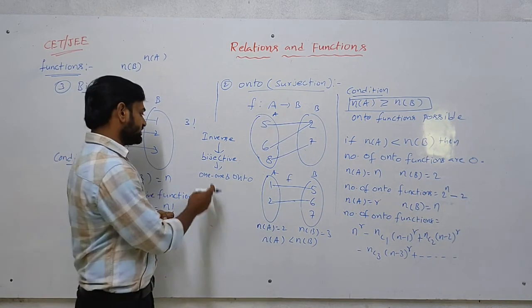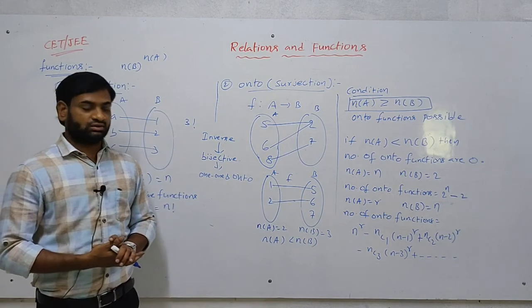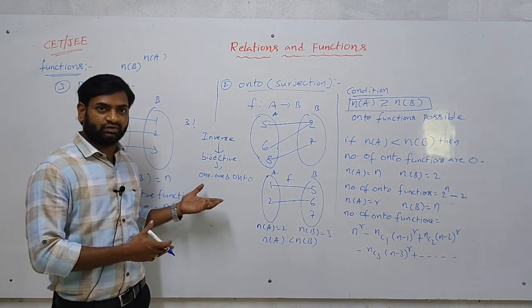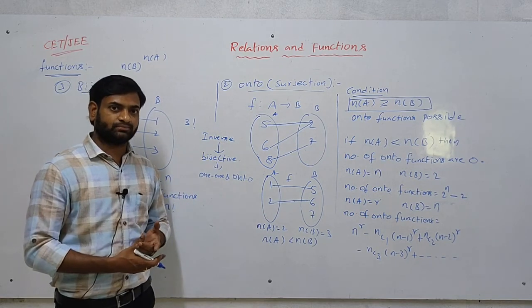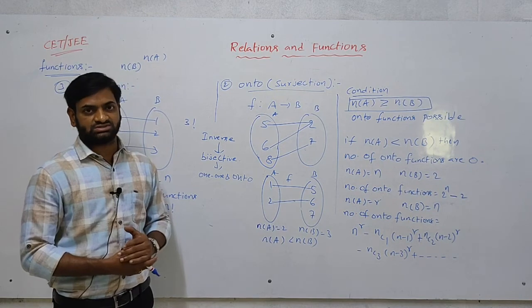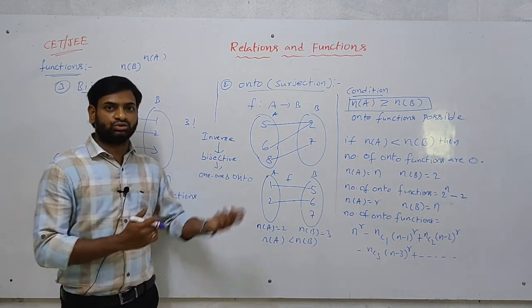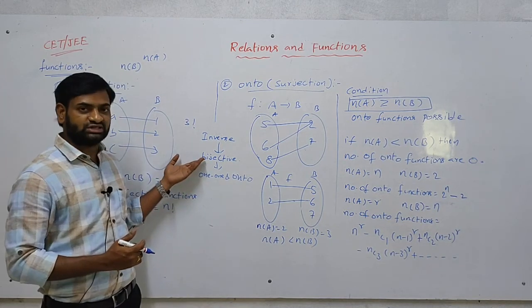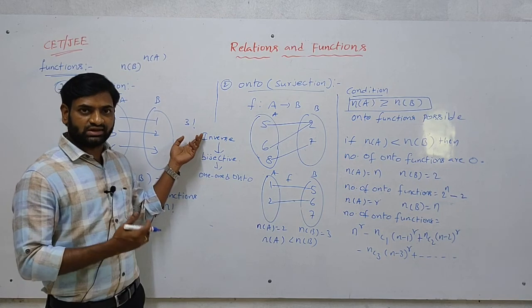Suppose a function is not one-one. Then is it bijective? No. When it is not bijective, the inverse does not exist, which means we cannot find the inverse. In the same way, if a function is one-one but not onto, it is not bijective, so the inverse does not exist.